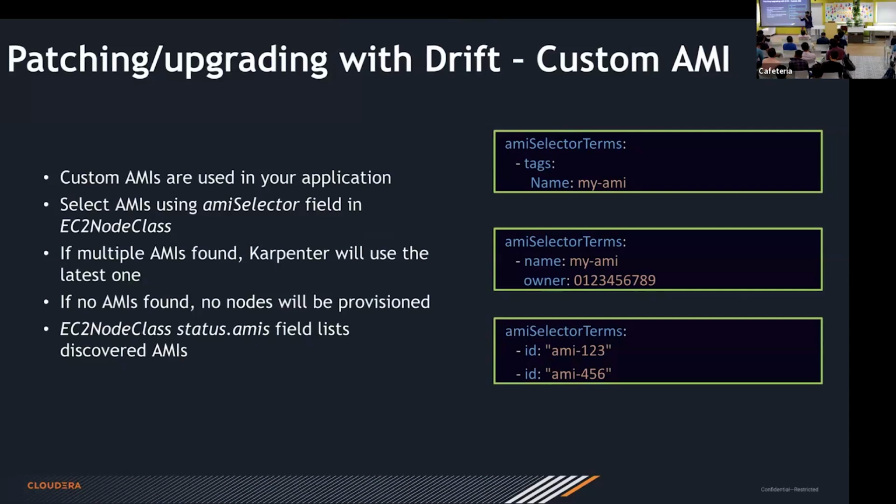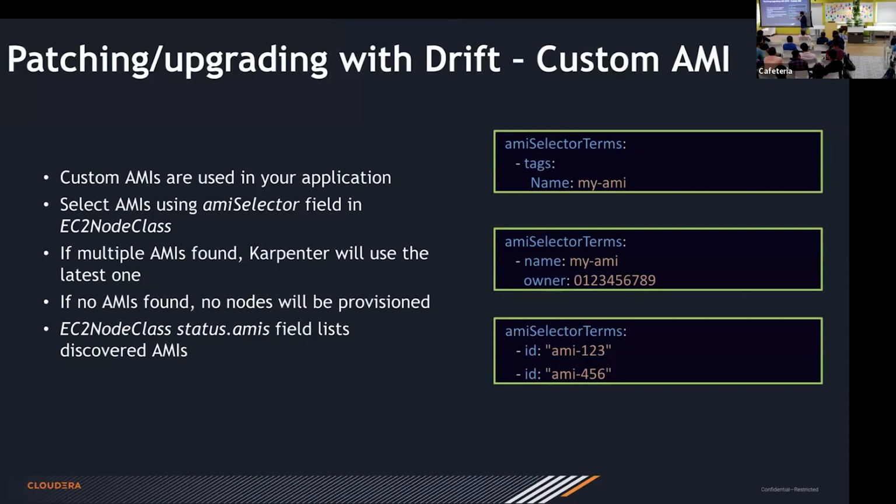So there are two methods. You can use tag-based methods, you can use name or owner details for the AMI to manage it, or you can directly put the AMI. If you put both AMIs together, it will not drain the existing AMI because it does not detect drift. You have both AMIs correctly.